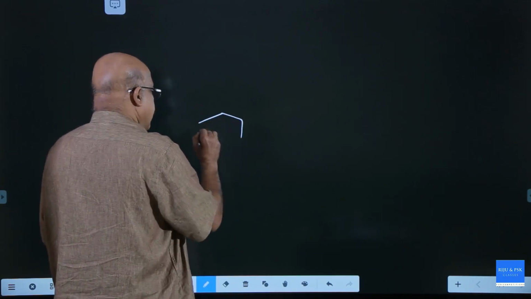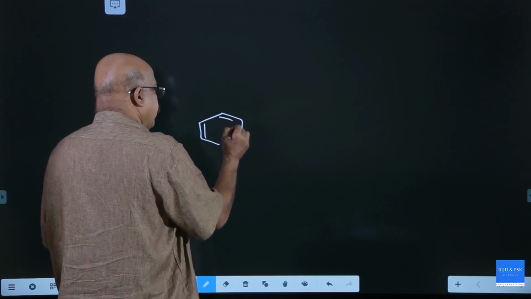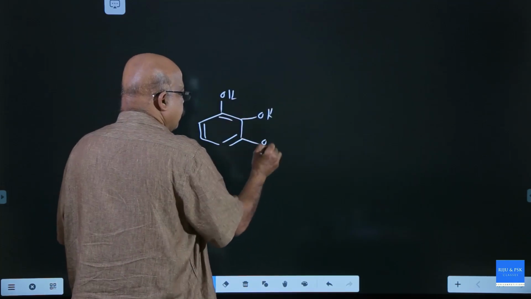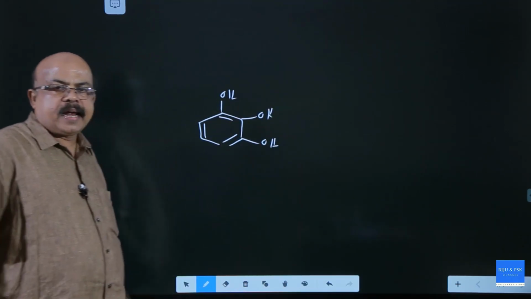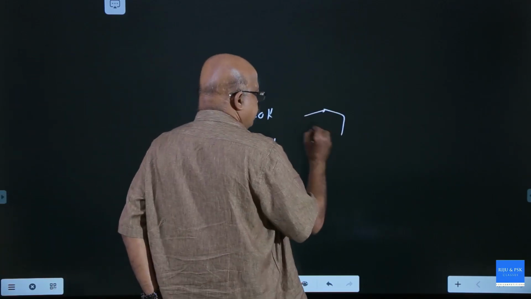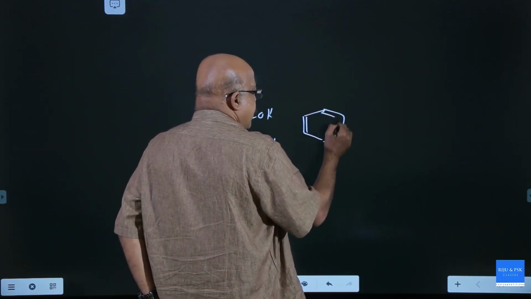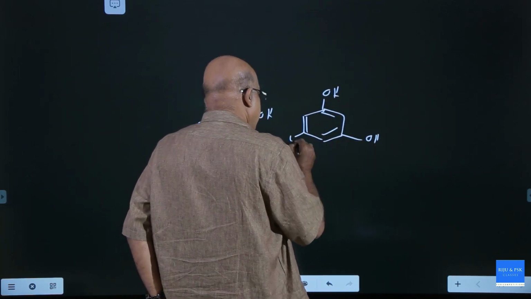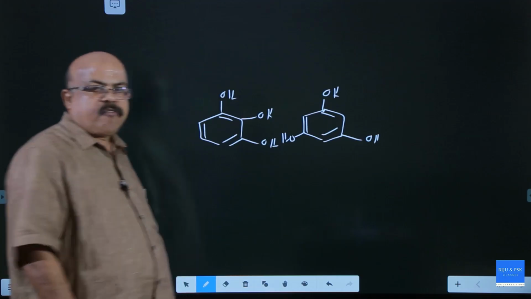If 3 OH groups are in benzene, it is benzene-1,2,3-triol, and this is benzene-1,3,5-triol.